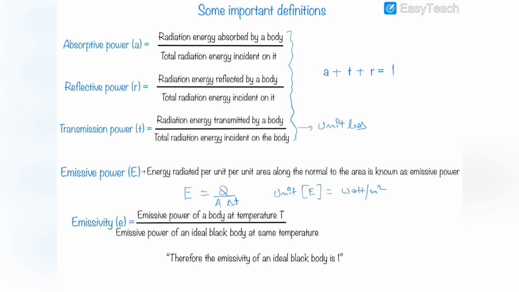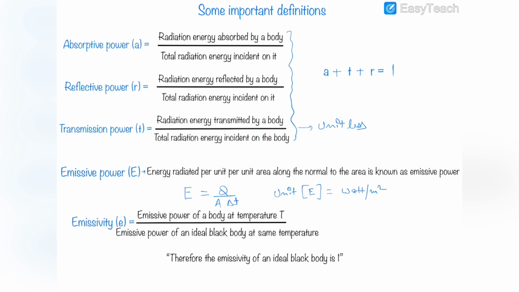If a body is radiating energy, it is radiating its internal energy, and reflecting is a different process. If some radiations are incident on a body, then it can reflect some part of those radiations. So we are concerned about reflection here. Transmission power is also the radiation energy transmitted by a body upon the total radiation energy incident on it.